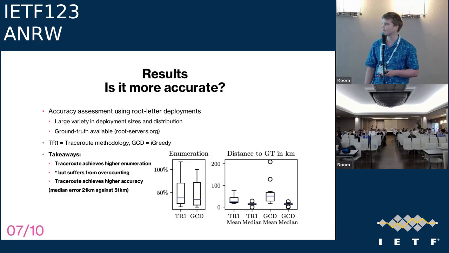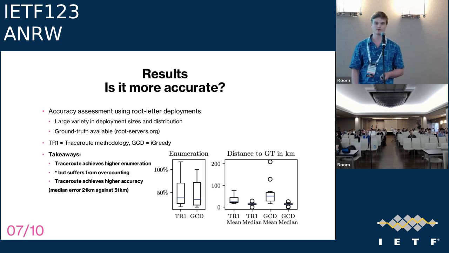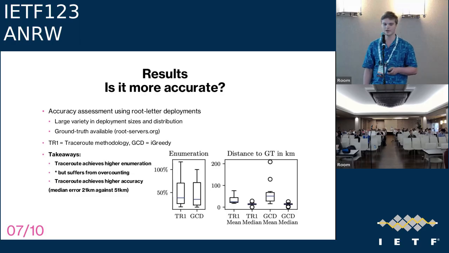If you look at the box plot, it exceeds 100% because for one of the root letters, it found an additional site that didn't actually exist. And we also see that traceroute has a lower mean average error, which is the box plot on the right. So it's closer to the actual location of the Anycast site, whereas the iGreedy methodology is on average farther away.